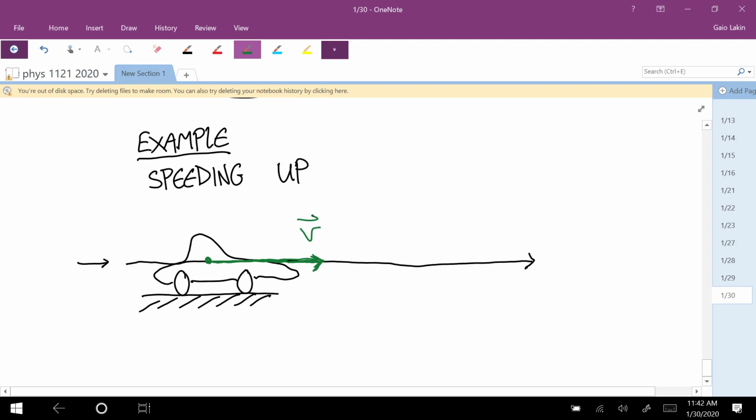Okay. It's speeding up. So the parallel part of the acceleration is the same direction as the velocity. Is it turning? No. So there's no perpendicular part. And so the total acceleration is just that parallel part.